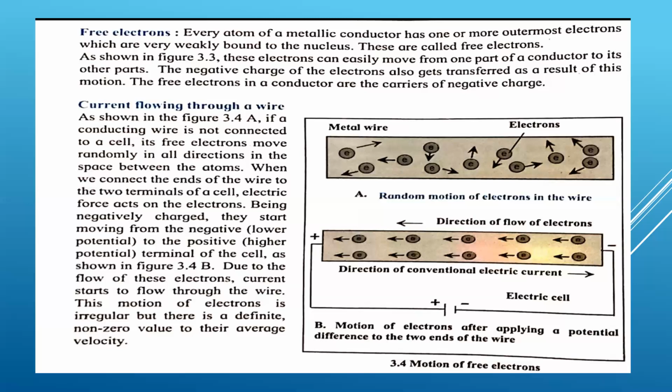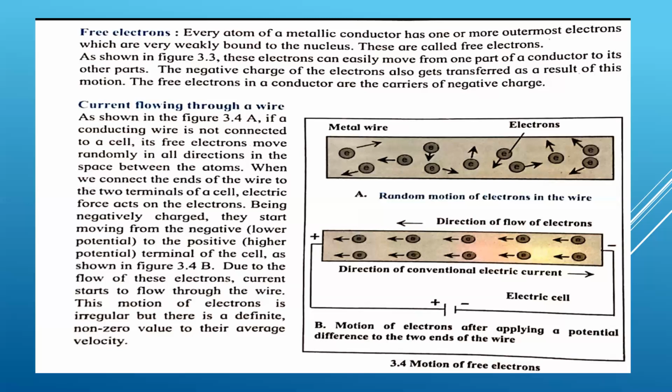I gave you the example of sodium chloride, and this electron has a negative charge. It is transferred from one atom to another atom to form a compound. This free electron always carries negative charge. So the electrons present in the outermost shell are called free electrons.